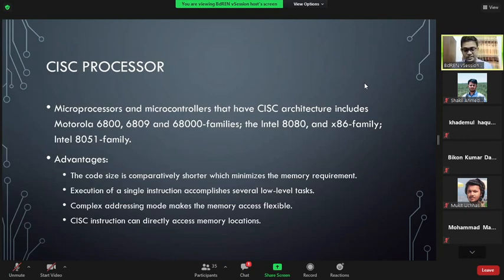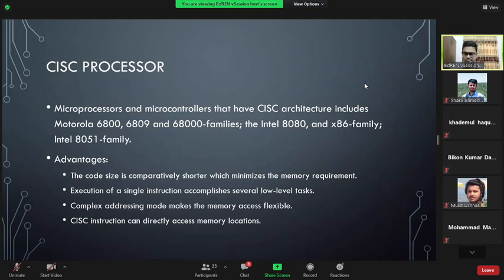Whenever we discuss the RISC processor, it will be the opposite. CISC instructions can directly access the memory, with no need for any permission, but RISC needs to go via something else. So that is the difference whenever we compare these two. Just remember now that the CISC processor can access the memory directly.